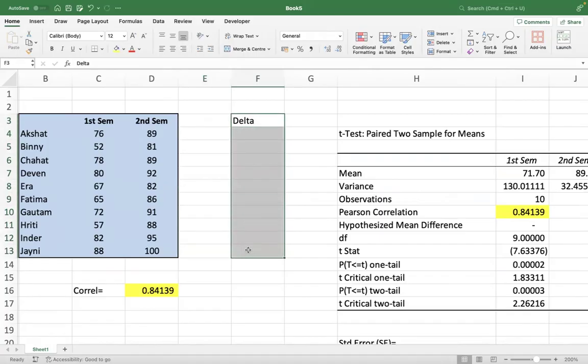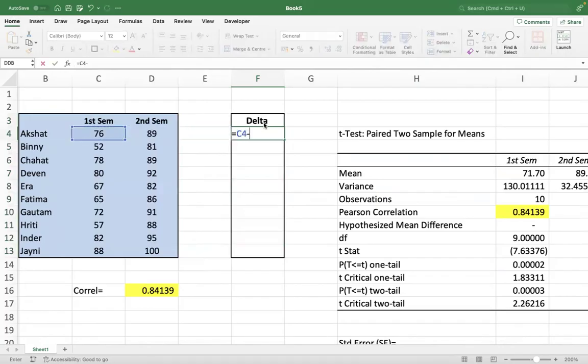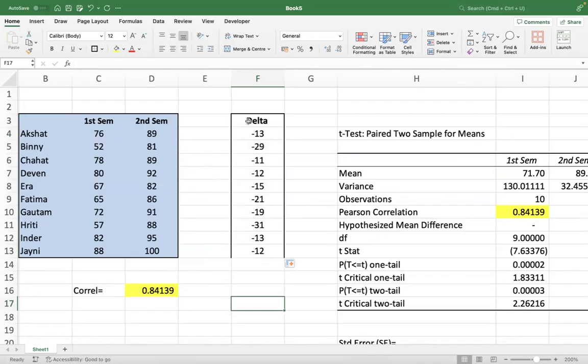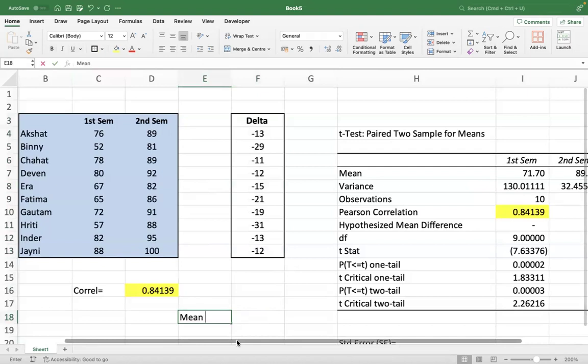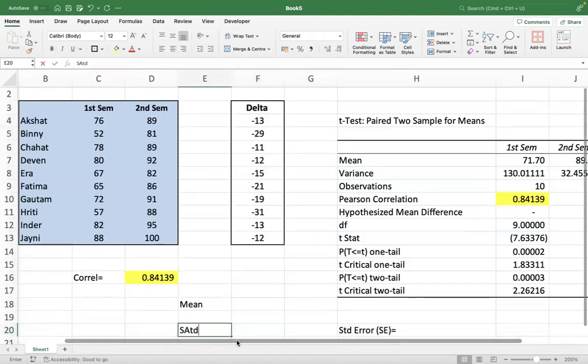And the delta between the two distributions will be simply the one distribution minus the other. And drag it down. So this is the delta between the two distributions. Next, we find out the mean of this distribution and the standard deviation of this distribution.